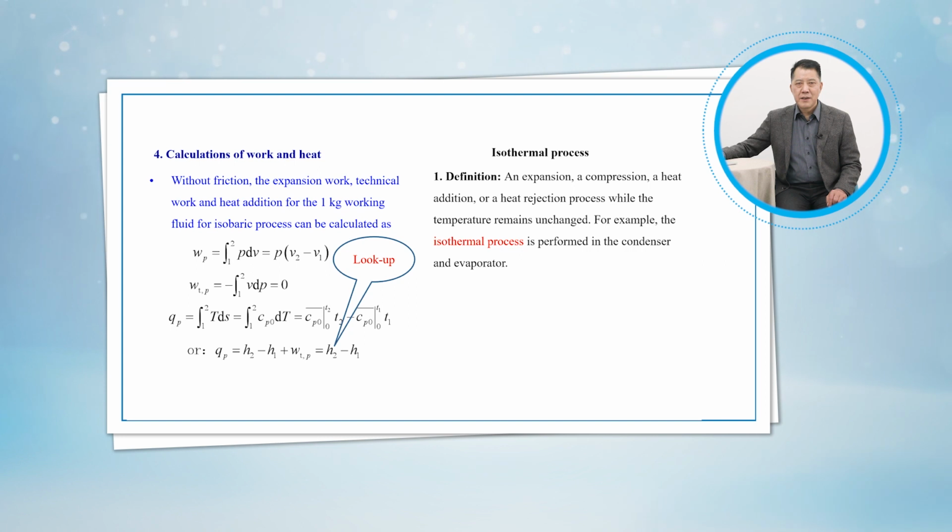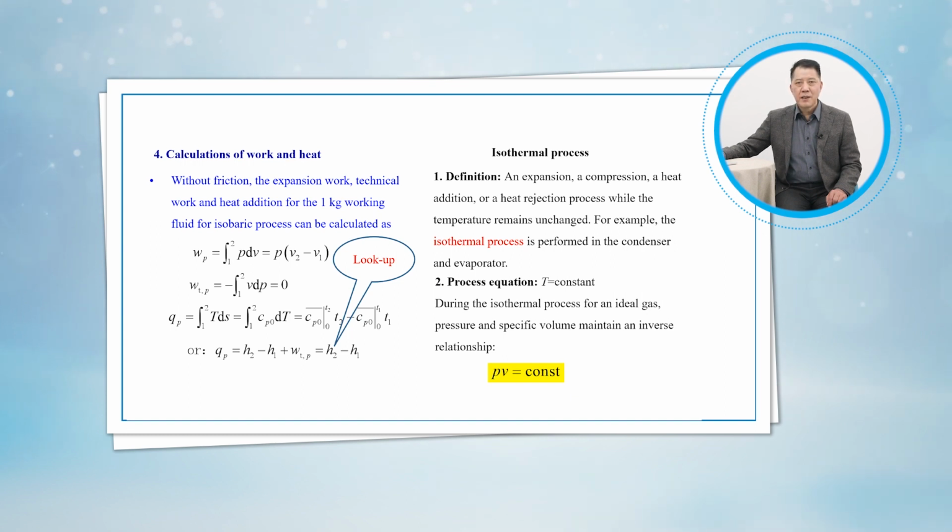An expansion, a compression, a heat addition, or a heat rejection process can proceed while the temperature remains unchanged. For example, the isothermal process is performed in the condenser and evaporator.